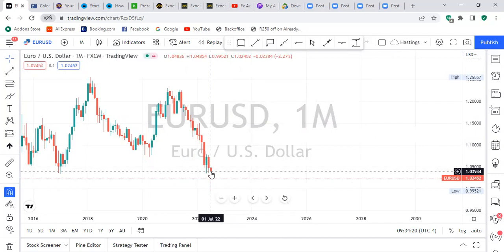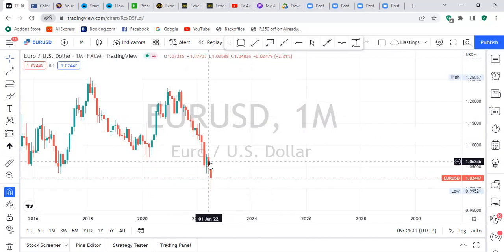So this candle will end on the 31st of July 2022, and on the 1st of August, you get a new candle right here. The previous one was for June, the one before for May and April, and all of them represent 1 month of data.